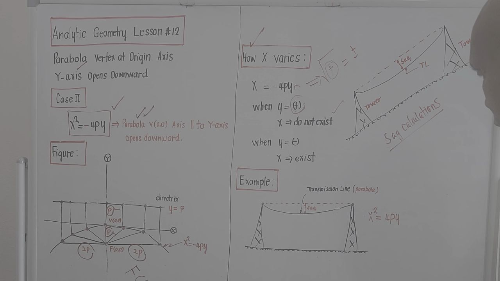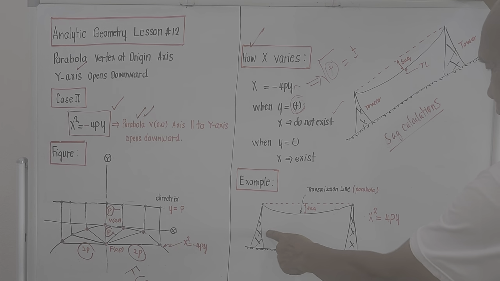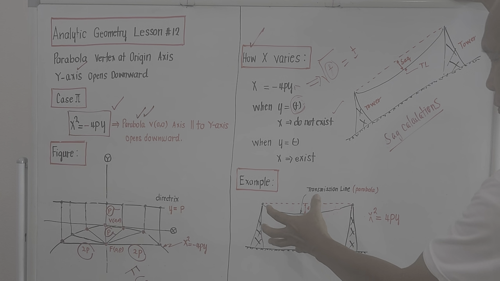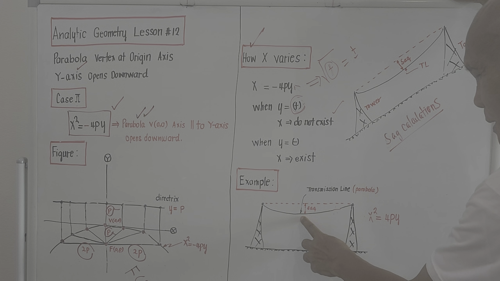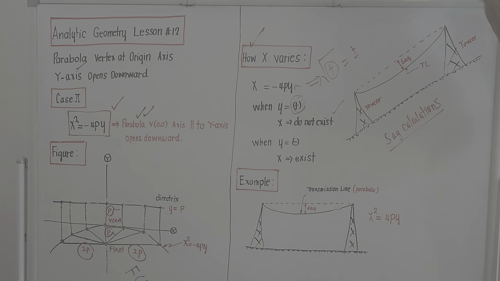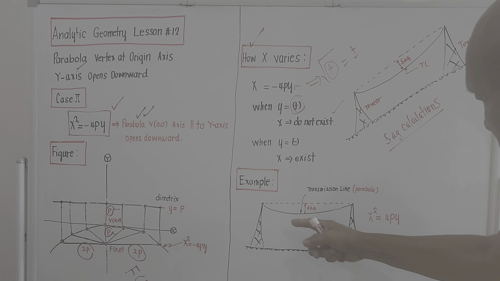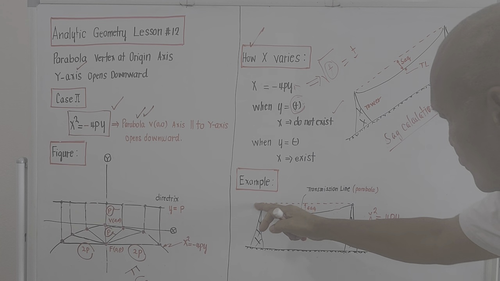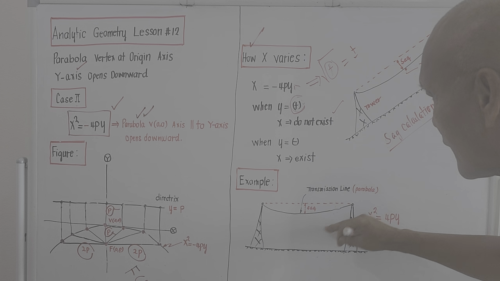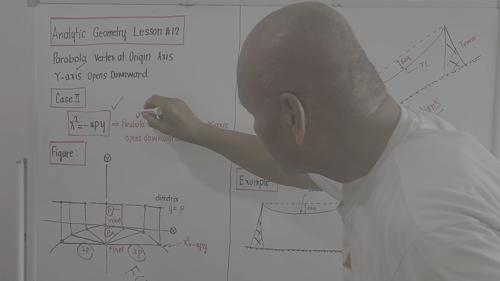So if this is tower number 1 and this is tower number 2, and we connect a transmission line between tower number 1 and number 2, this should be the transmission line. And under the study of electrical engineering, how the cable actually behaves if it is suspended between 2 towers, it acts like a parabola.